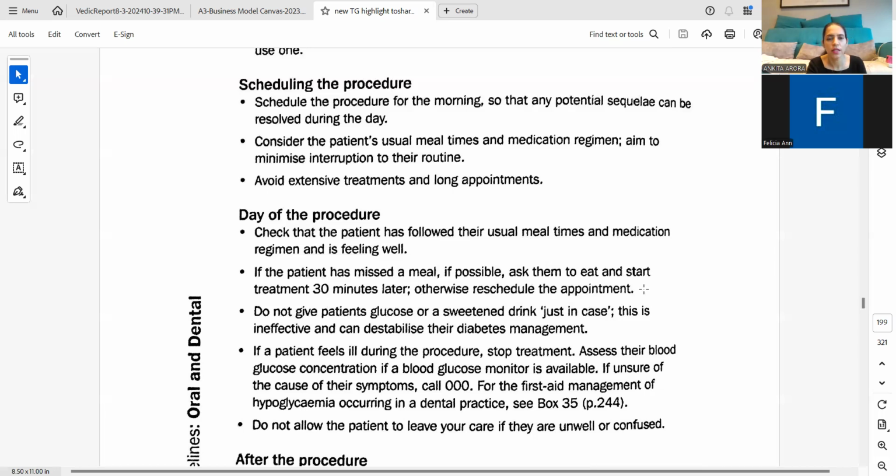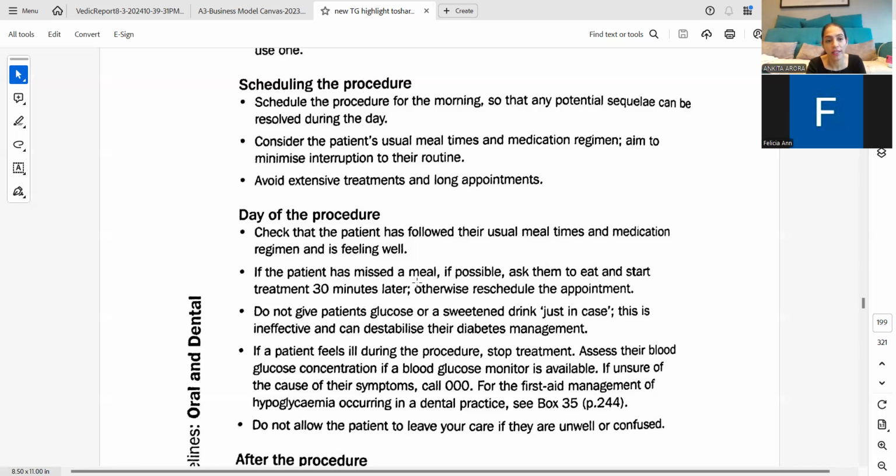Another important point. Say Mrs. Smith, a known diabetic, came and is insisting that she has come from far and wants you to extract the tooth. She says that she has not had breakfast. You would have to ask her to go out, have a proper breakfast and come back 30 minutes later.